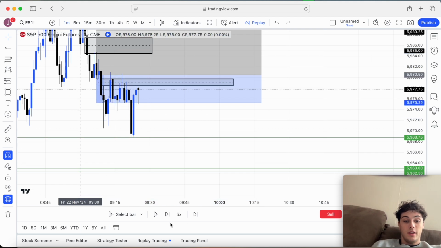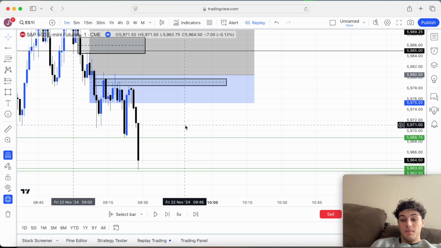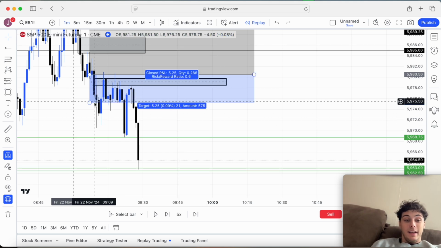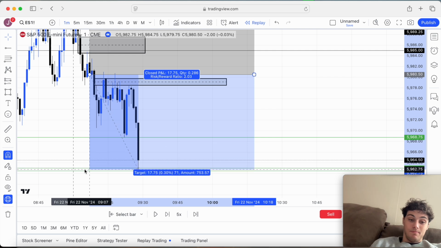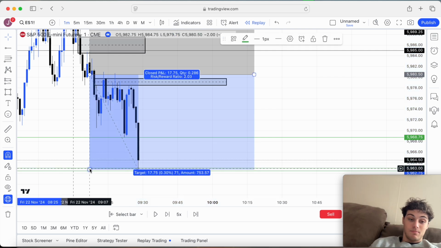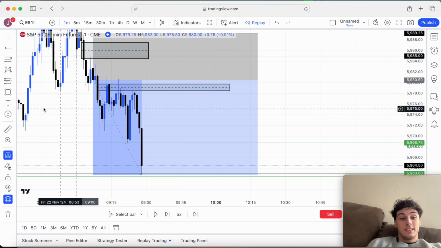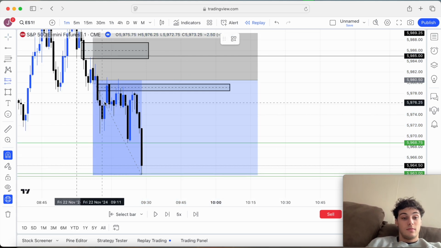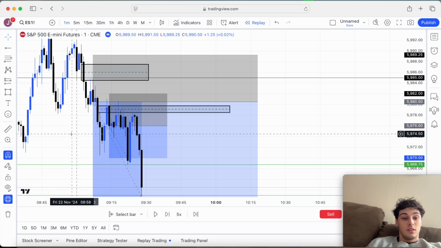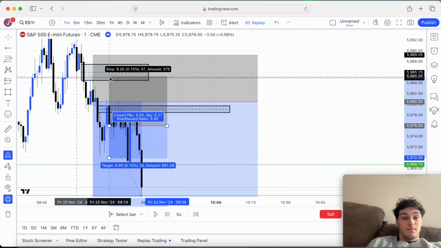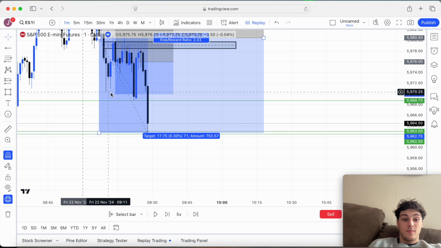So what do we see? It hits TP2. Look at that. So this second trade right here, look what happens.